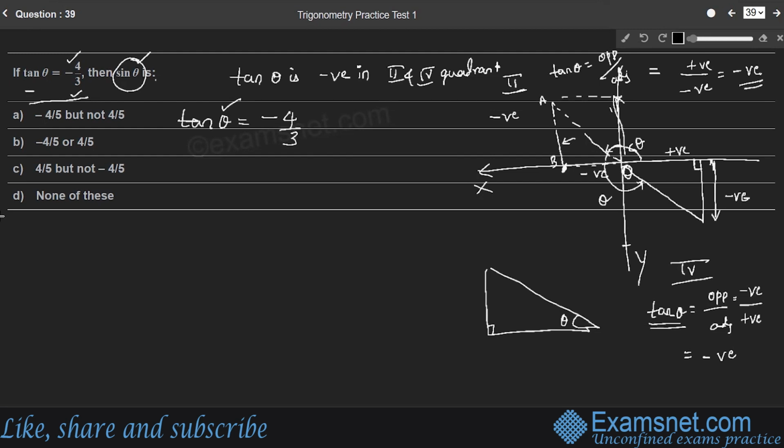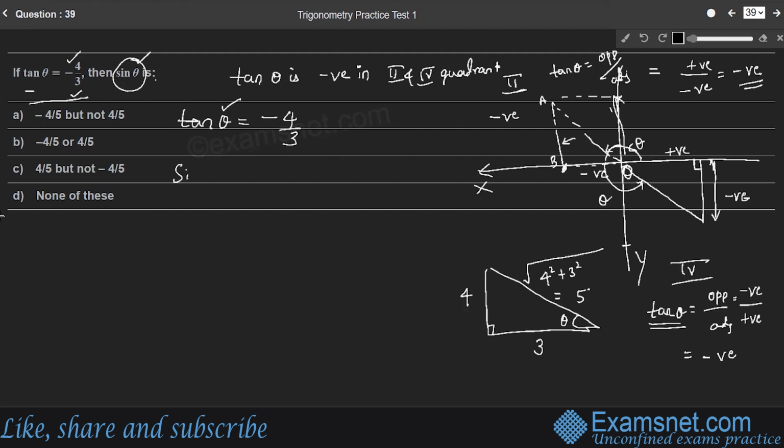And tan theta is minus 4 by 3. So, we'll consider 4 and 3 here, maybe a negative value, right? Opposite side by adjacent side is tan theta. Therefore, the hypotenuse value becomes root of 4 square plus 3 square, which is root 16 plus 9, root 25, which is 5. Therefore, the hypotenuse becomes 5, right?